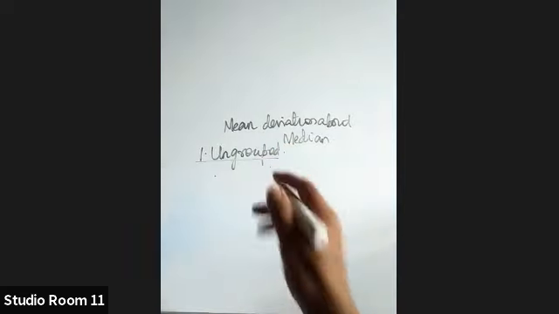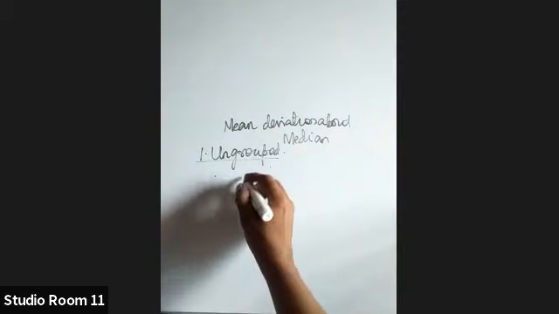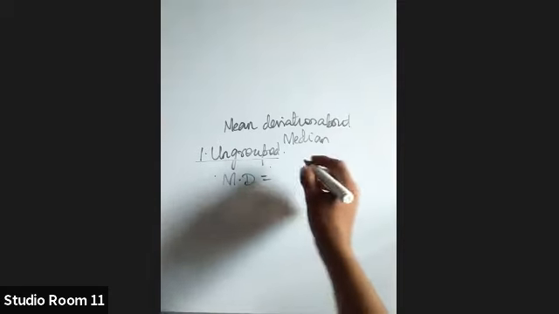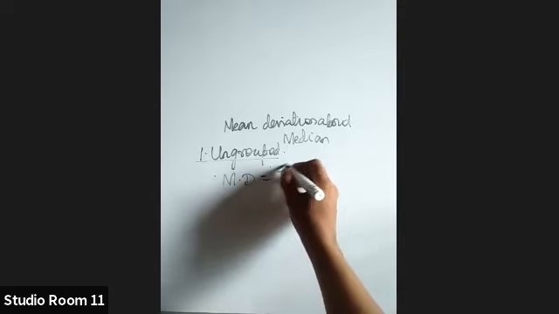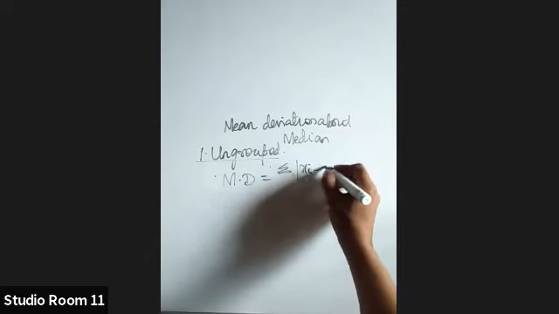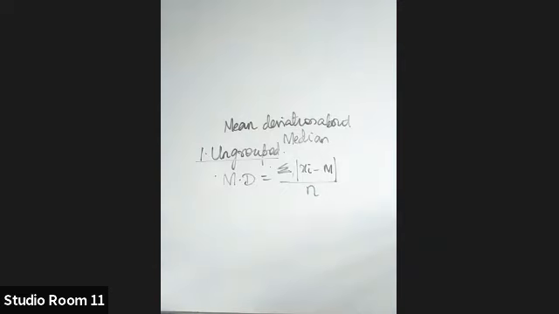Here also two formulas are there. For ungrouped, first you have to find the median, and the formula is MD is sigma modulus of xi minus M by n. What is M? M is the median. You subtract it from each xi, add it, and you divide by n.